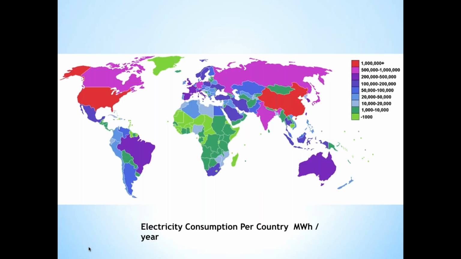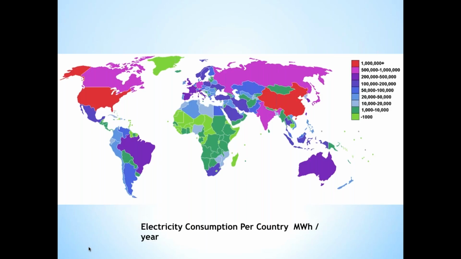So it's population density in China and its productivity in North America, and most specifically the United States, that drive electricity. So either you have a lot of people and you use a lot of electricity, or you have a lot of riches, a lot of productivity, and you use a lot of electricity.